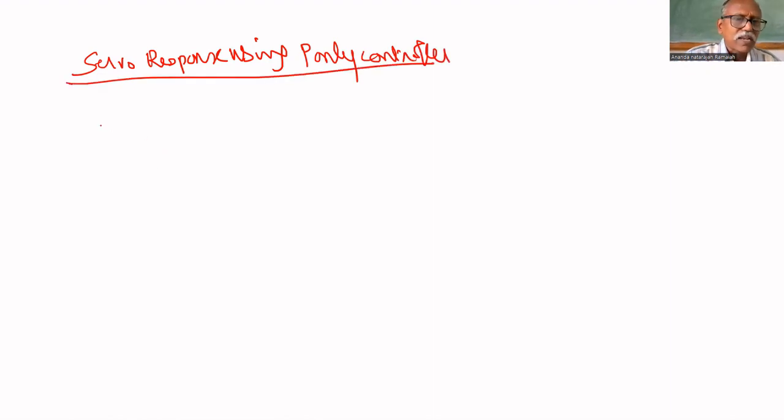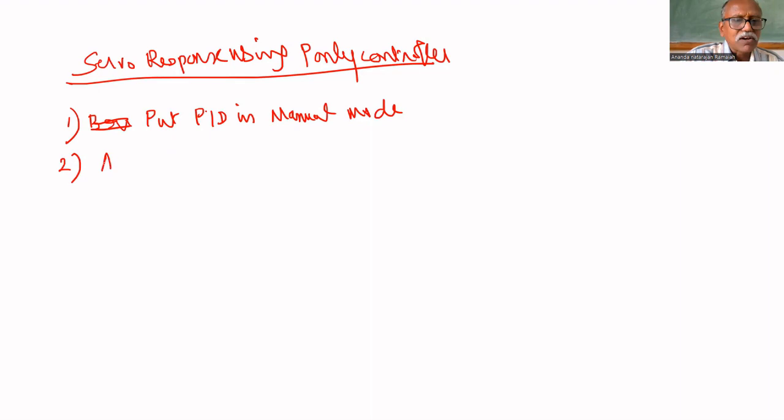The first step is to put the PID controller in manual mode. The second step is to adjust the output of the P only controller.